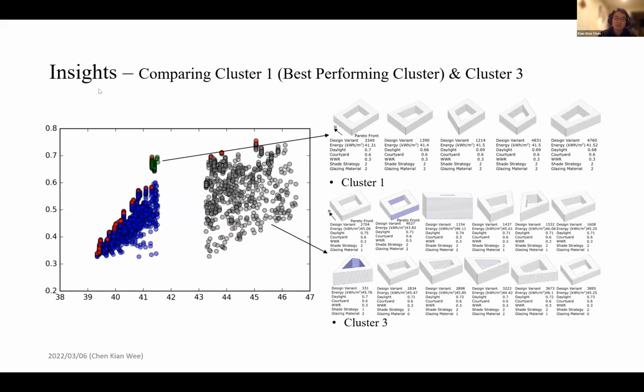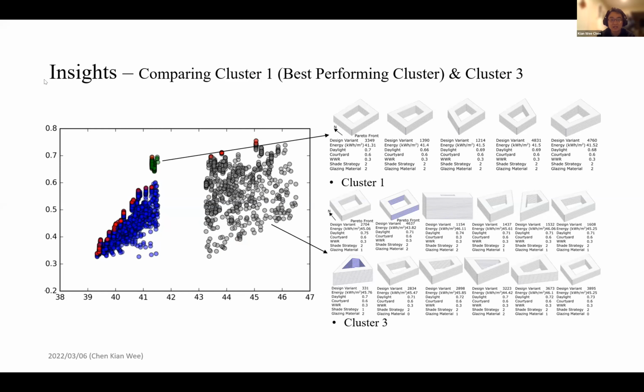But what is actually more interesting is, since in this case study the clusters are so clear, let's look at a few designs from the clusters. We use clustering algorithms, and we use filters to filter out some interesting design variants within each cluster.